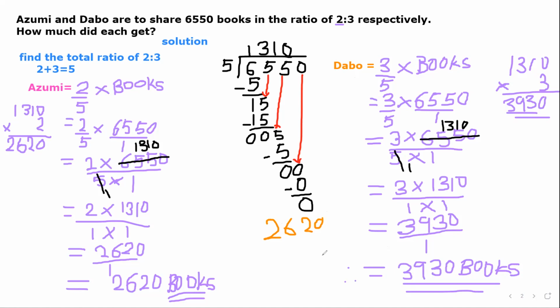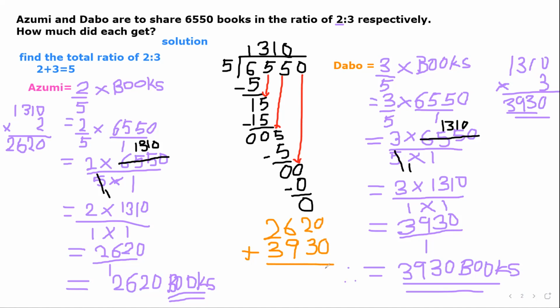And then you add it to the one given to Double, which is 3,930. Okay, so you're going to add to see whether you get the total quantity shared.